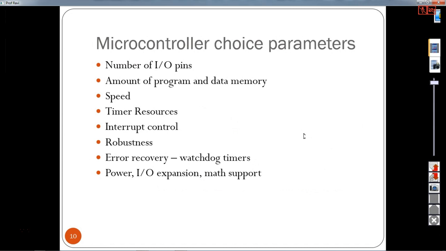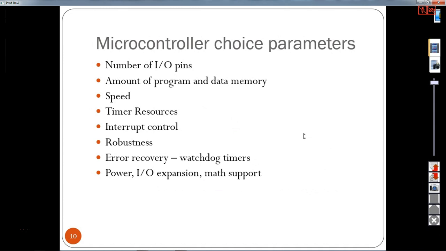Now if you look at the features of the Harvard architecture, all instructions are single-cycle instructions. This is important. Coming to microprocessors and microcontrollers, we can classify them as CISC and RISC, complex instruction set and reduced instruction set.